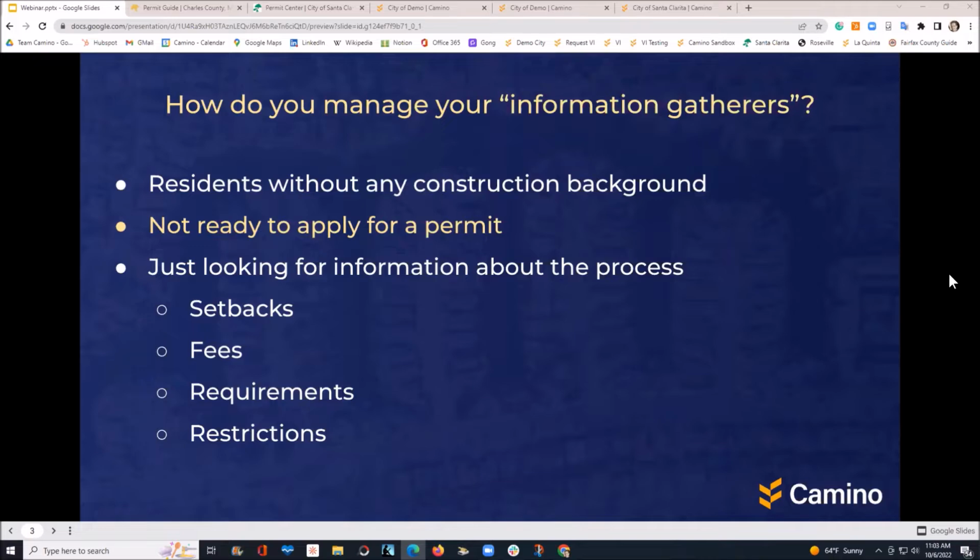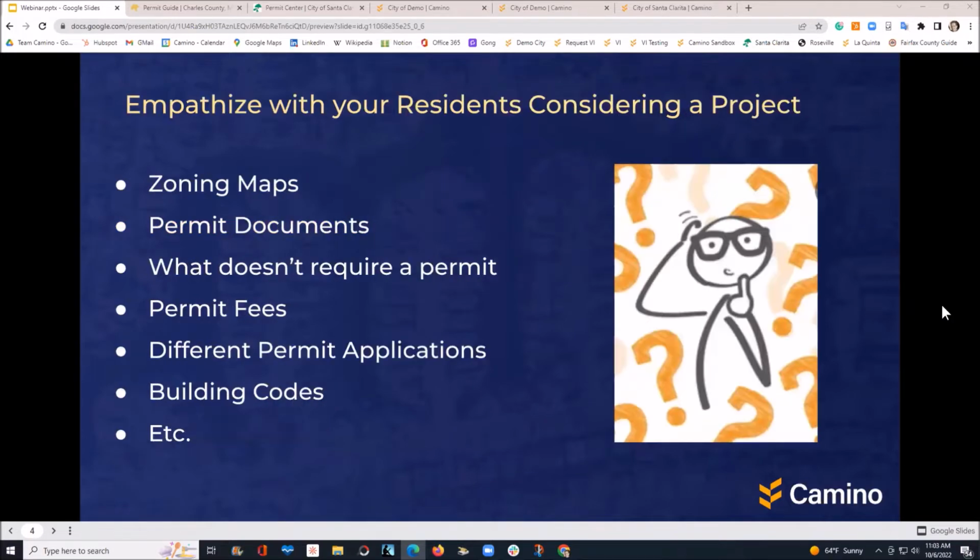The challenge today with cities and counties, and I talk to a lot of you who say, well, we have all that information online, right? And you do. It's all out there: zoning maps, documents, forms, and fee schedules. The challenge for the average resident is that it's really overwhelming.